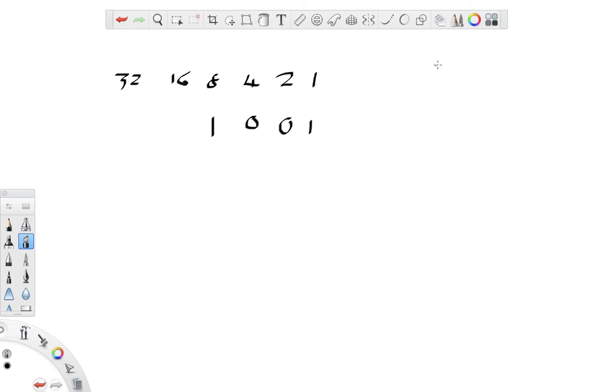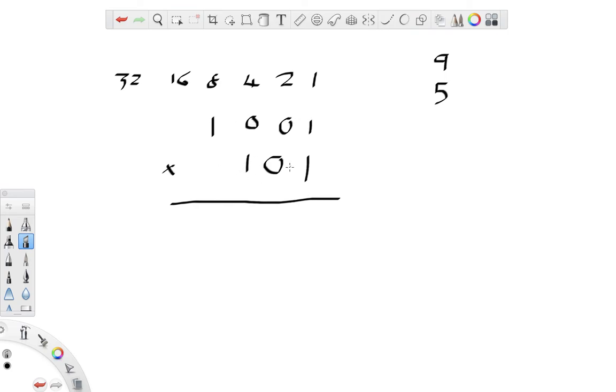So that'd be 9. So that'd be the number 9 in our normal base 10. And then if I multiply that by the number 101, well what's that number? That would be, so it's 1 4 plus no 2s plus 1 1. So that'd be 5.